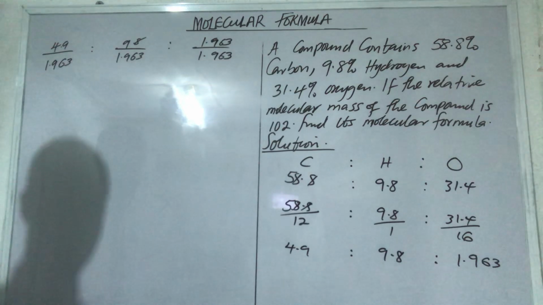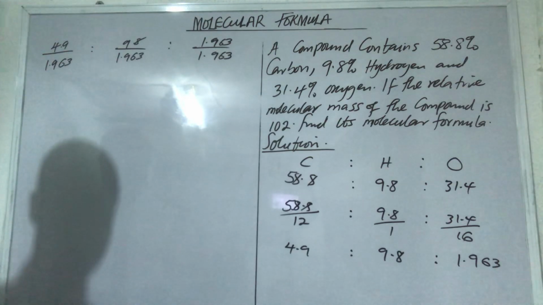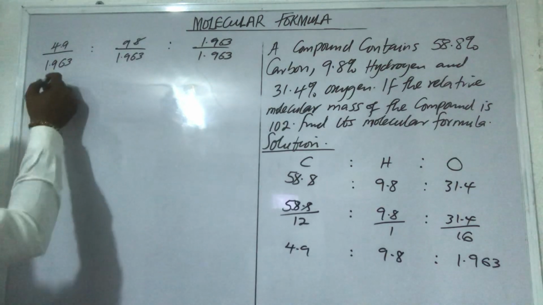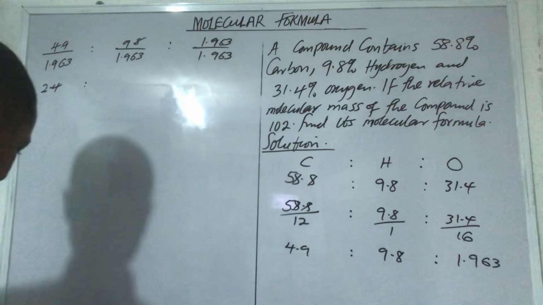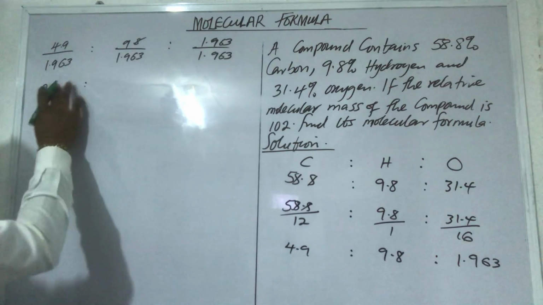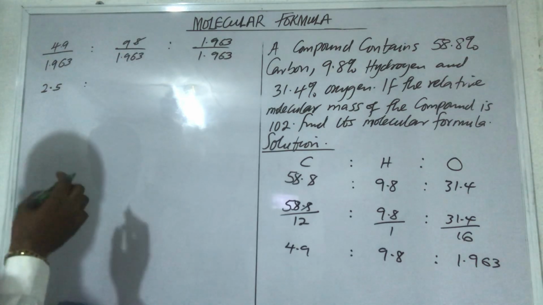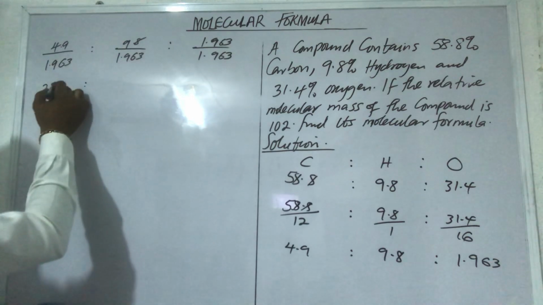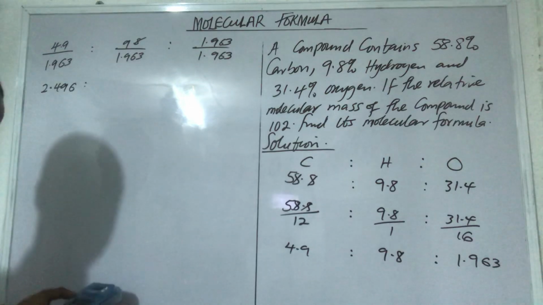If I divide 4.9 by 1.963, that will give me 2.496. Let me give you in 3 decimal places.